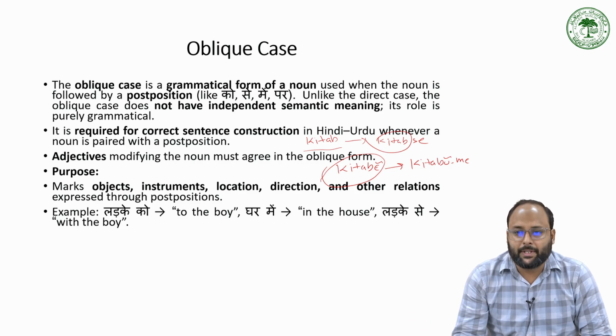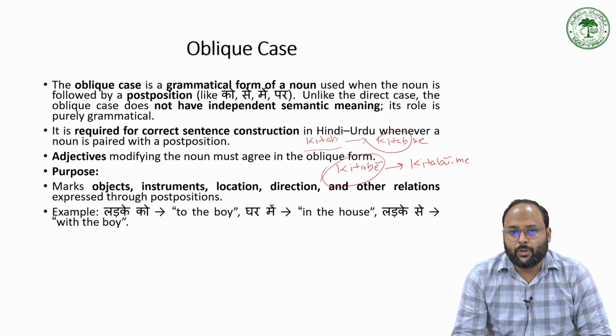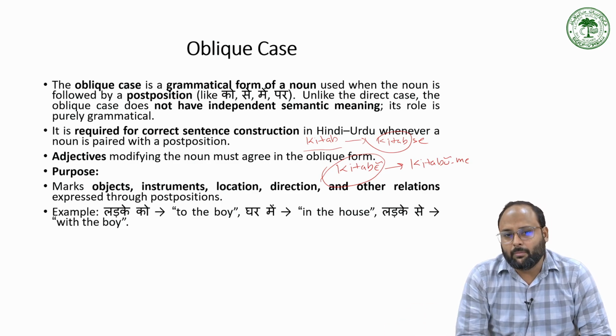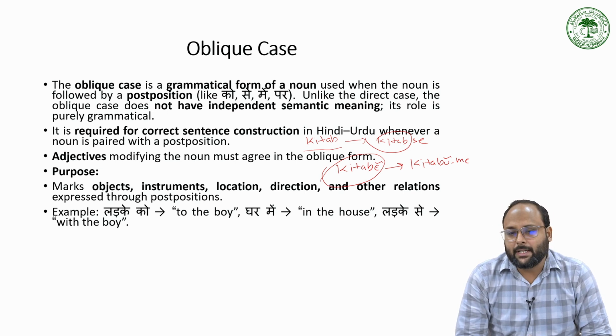So that is called the oblique case. The adjective must also agree in the oblique form. So when we have some adjective in the sentence, the oblique form also has some modification, and it agrees with the adjective.